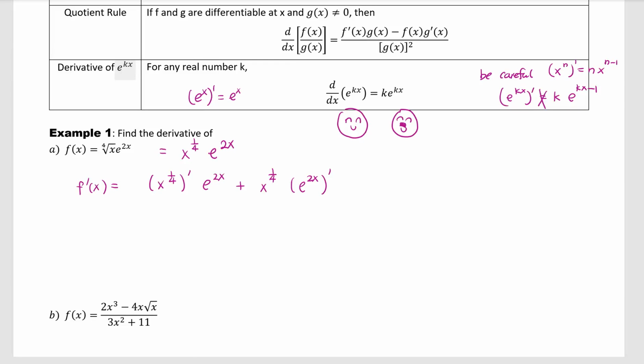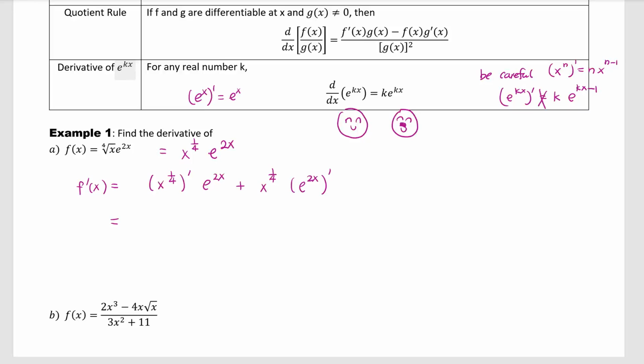See, I just write down the product rule. I'm not differentiating the factors at the same time, and I do it in the next step. Okay, the next step, for the factors with no prime, just copy them. For the factors with the prime, we're going to differentiate them.